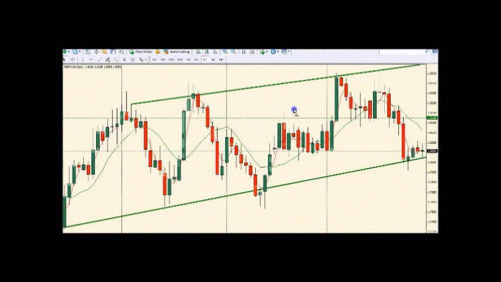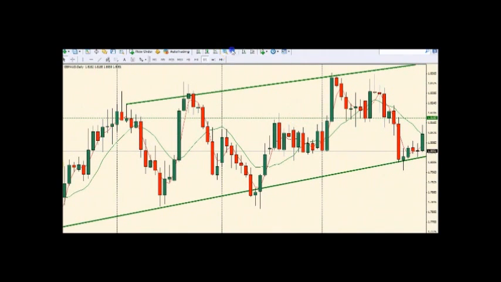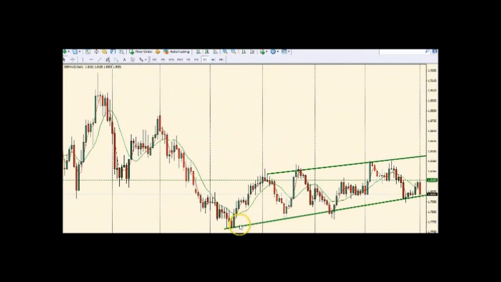So for example here, if I just shrink that a bit, you can see that you've got the Pound Aussie daily chart, and you've got an upward moving channel.